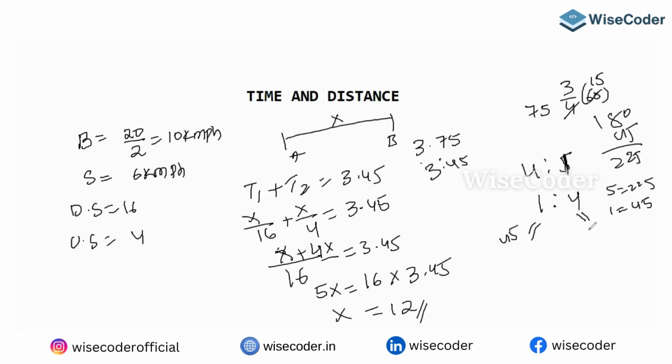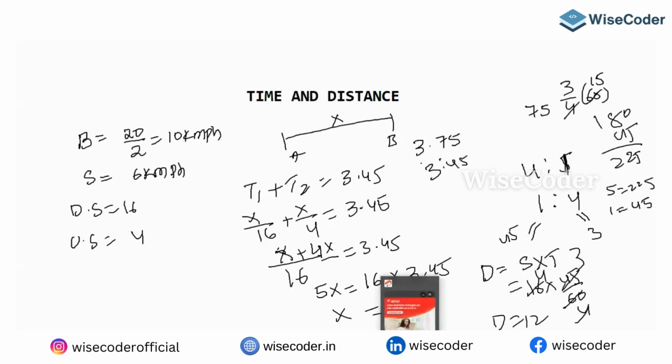The second he is taking 3 hours, because the total is 3 hours 45 minutes. Now I want the distance. The distance formula is speed into time. What is the first speed? 16 into time. What is the time? 45 minutes, 45 by 60. So 15 threes are 45, 15 fours are 60, so it's 3/4, and 16 times 3/4 is 12.